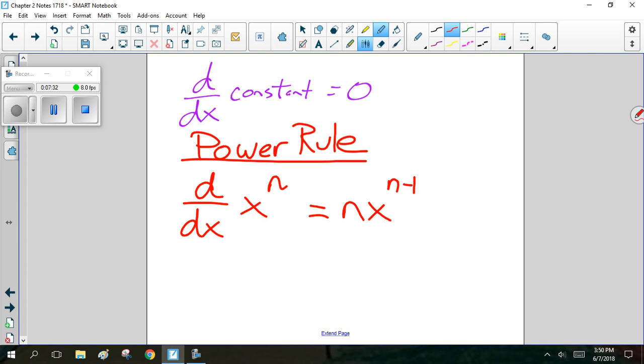Okay? This is the jam. You're going to use this a ton this year. That is called the power rule. So again, the process is you drop the exponent down to the front, and then you decrease it by 1.